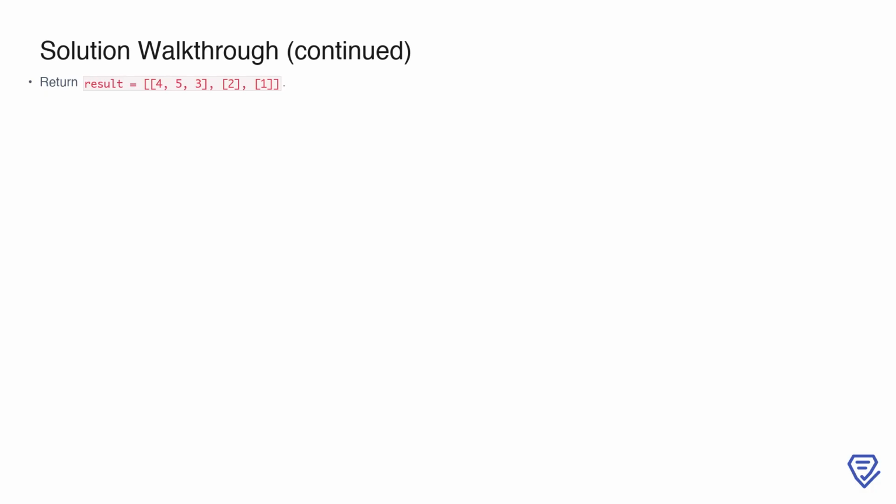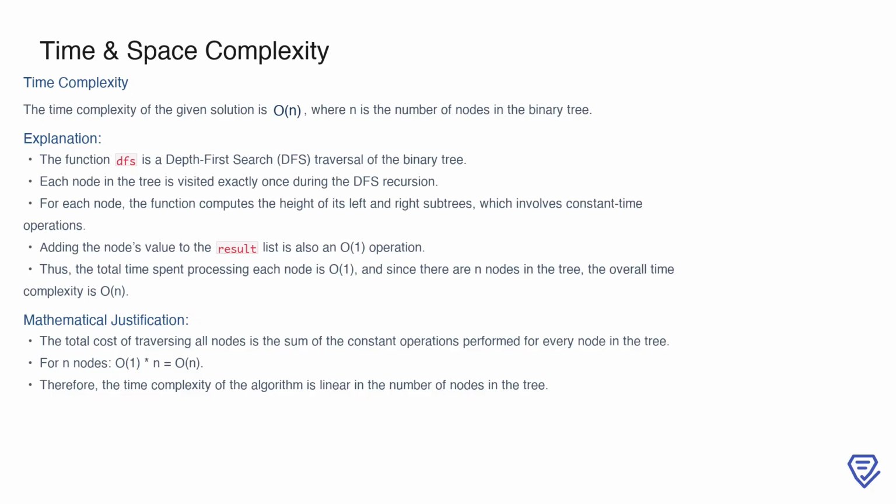The time complexity of this solution is O(n), where n represents the number of nodes in the binary tree. This is because the algorithm performs a depth-first search, or DFS, to traverse the tree. During the traversal, each node is visited exactly once. For each node, the algorithm performs two key operations.